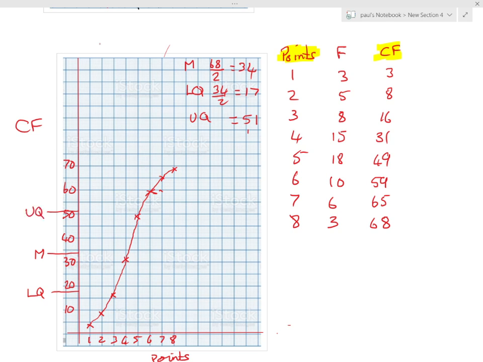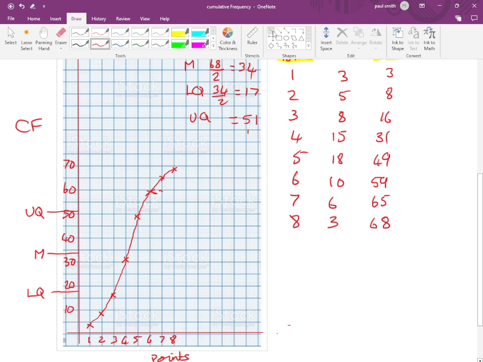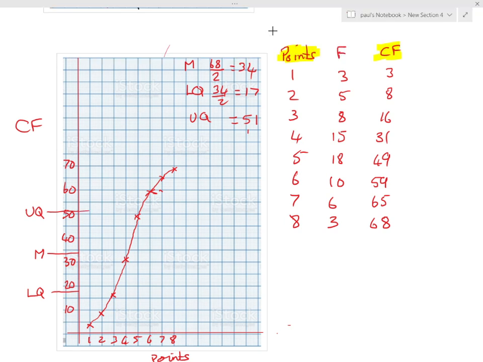And let's find the interquartile range. So we're going to go from here to here. There to there. And down to about that.